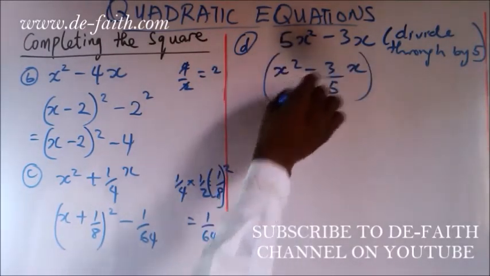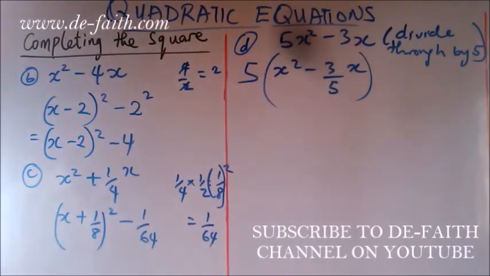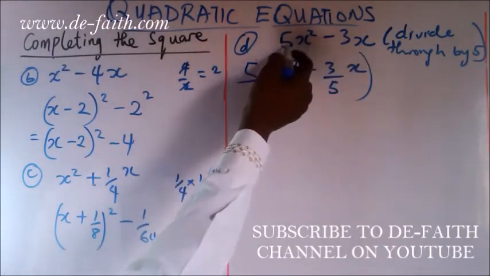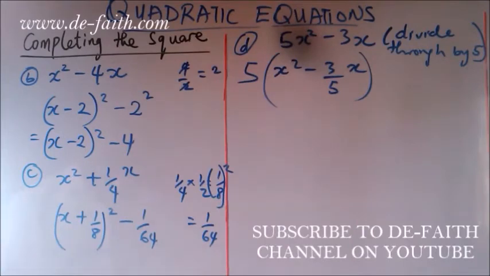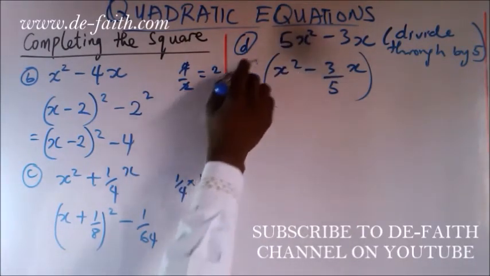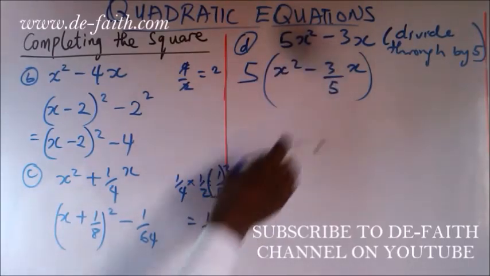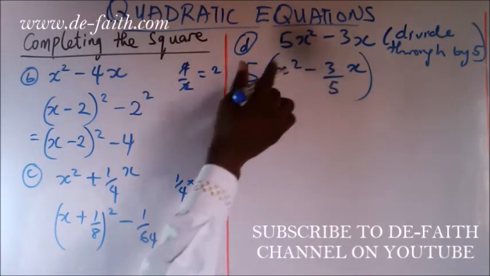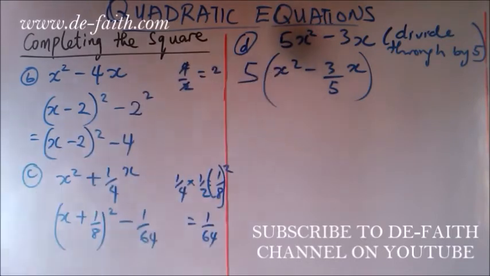To have this back, we multiply by 5. So you divide by 5, you multiply by 5, and then you have your original expression back. This is how you do it when the coefficient of x squared is more than 1. So 5 times x squared gives us 5x squared, then 5 times this cancels the 5, and we have this. So now we have our expression in which the coefficient of x squared is 1.